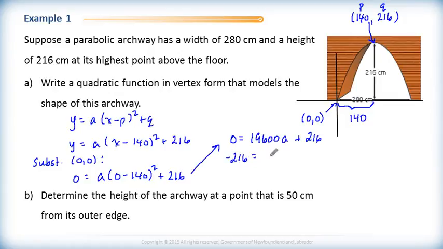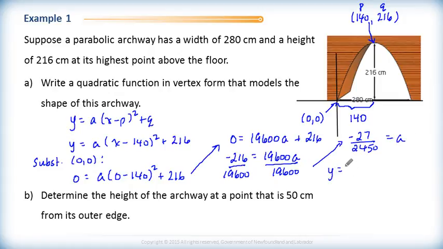Negative 216 equals 19,600 times the value of a. Divide both sides by 19,600. The fraction simplifies to negative 27 over 2450 for the a value. So our function is y equals negative 27 over 2450 times (x minus 140) squared plus 216.